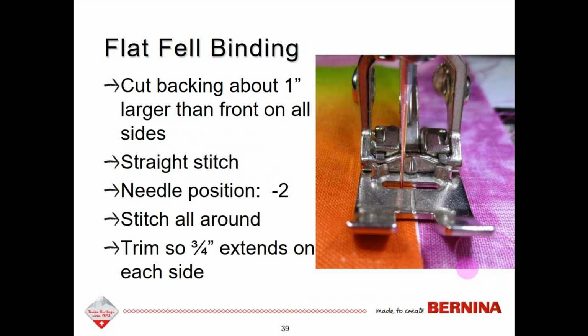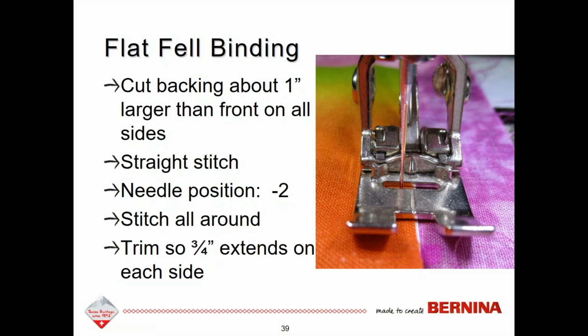For the flat fell binding, you'll cut your backing about 1 inch larger than the front on all sides, and do a straight stitch kind of to tack the top to the back side. I used needle position of -2, and I guided the edge in the foot along the cut edge of the front of the wall hanging, and you'll stitch all around, pivoting at the corners.